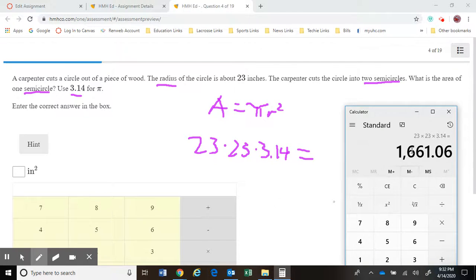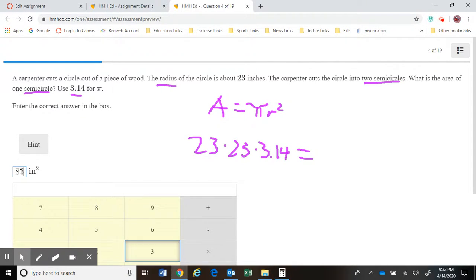That gives me 1661.06. Is that my answer? No, because I need to find half of it. I need to divide that by 2, because it's a semicircle. 830.53 is my answer.